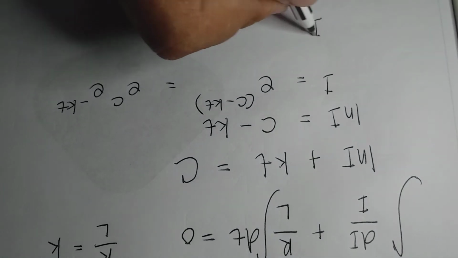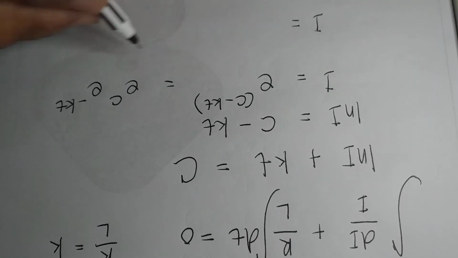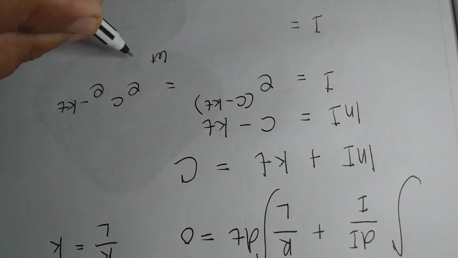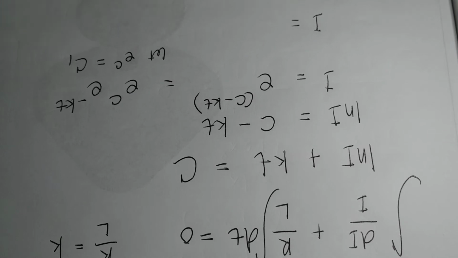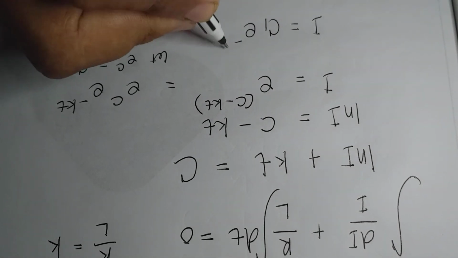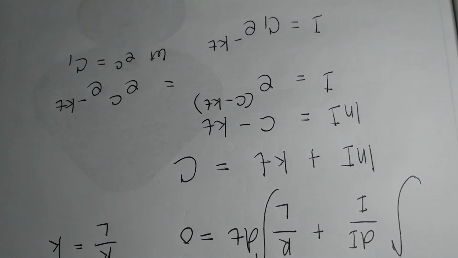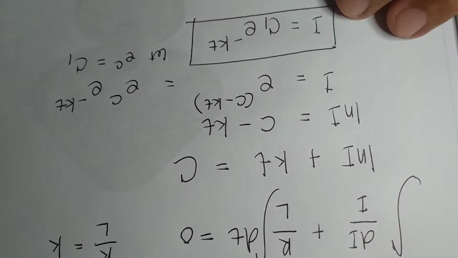So we have i is equal to, now if we're going to let e to the C be equal to c sub 1, we have c sub 1 times e to the negative kt. So this answers example number 2.